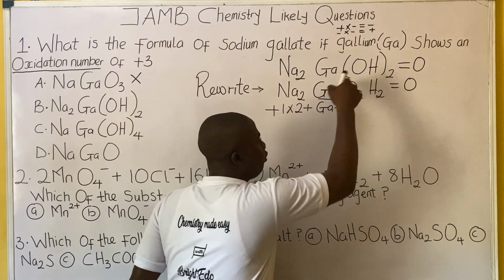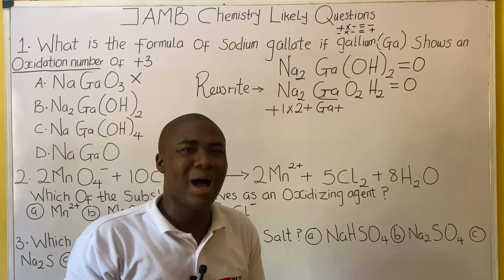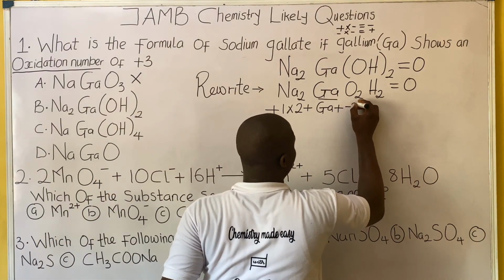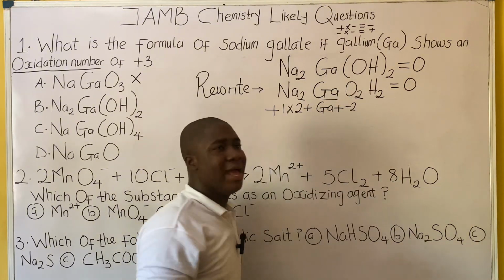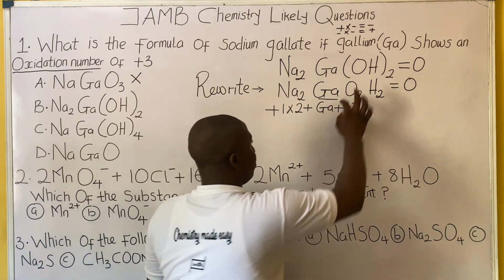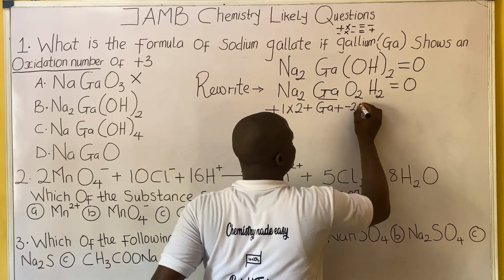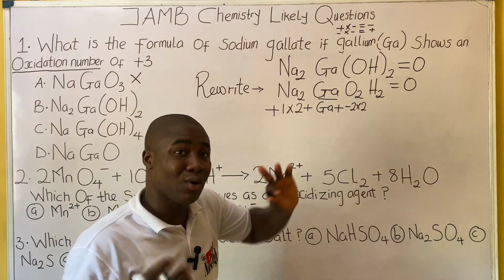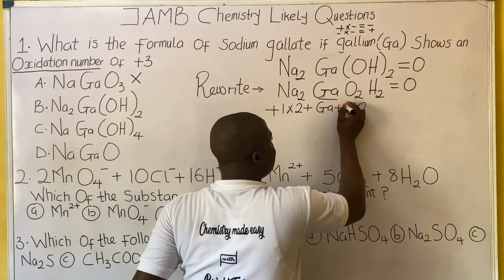To go over to oxygen, plus. The oxidation number of oxygen in most compounds, as earlier said, is simply minus 2. Are you there? Now, how many oxygen do we have? We have 2 oxygen in this part, so it's going to be minus 2 times 2. Do you understand? Since I'm seeing a minus, I don't want to get confused, so I'm going to put this in a bracket.